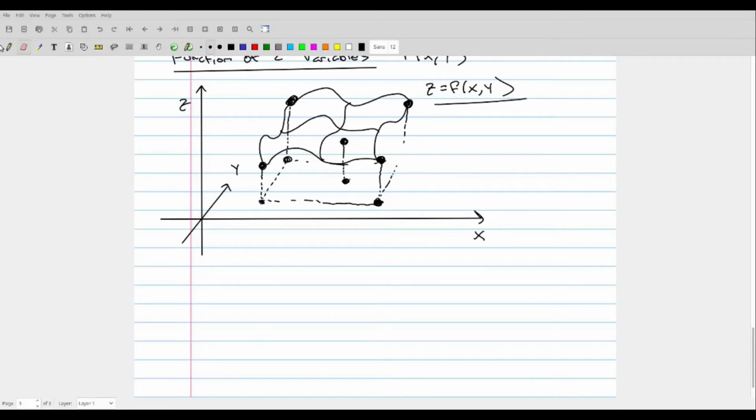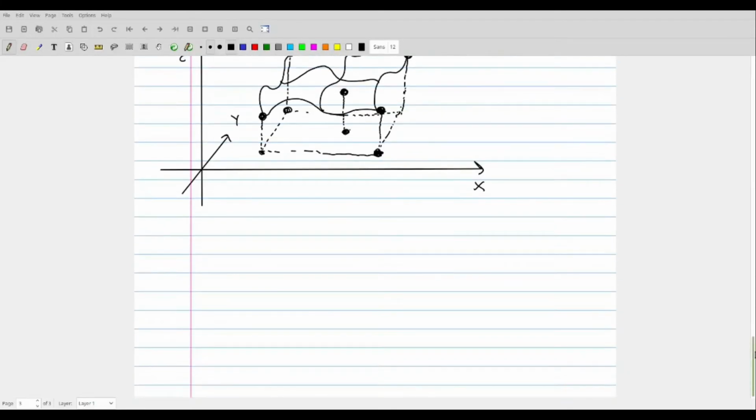Let me just fix this up a little bit. So this is what we've seen already, a couple of examples of what the graph of a function of two variables looks like. Well, what does that mean about a function of three variables?